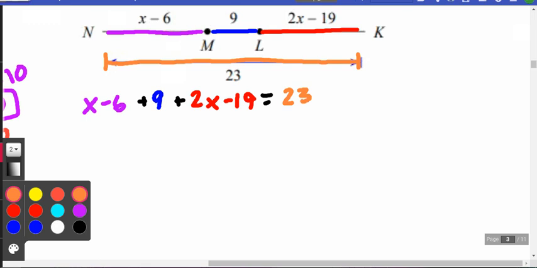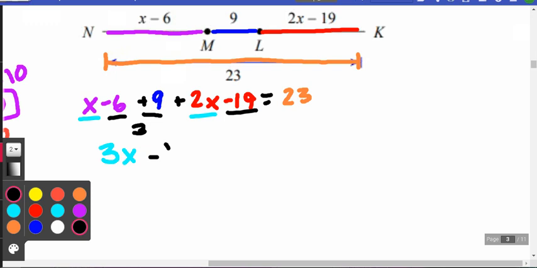All right, let's focus on the left-hand side of the equal sign and combine our like terms. We have x and 2x, which result in 3x. And then we have 9, negative 6, and negative 19. Negative 6 plus 9 results in 3, take away 19 would be negative 16, equals 23.